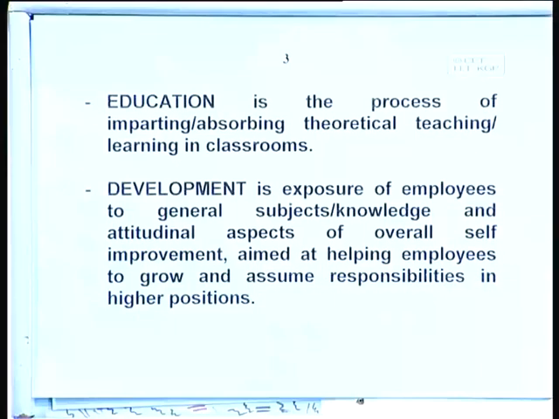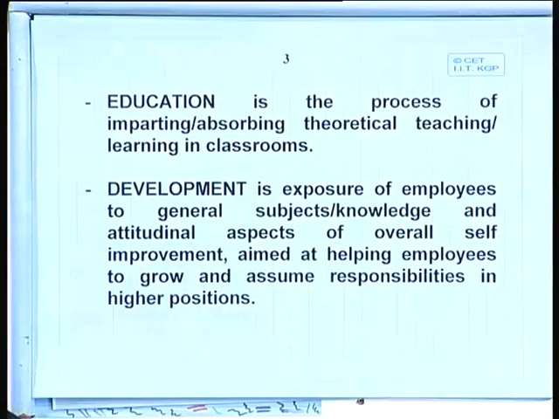Training is the process of imparting skills, whereas education is the process of imparting or absorbing theoretical teaching, learning in classrooms. So, you see the difference. So, now you are attending a class. So, we say you are attending an educational process, but normally for executives we have a training process where certain specific skills are being taught. So, this is a distinction which is made.